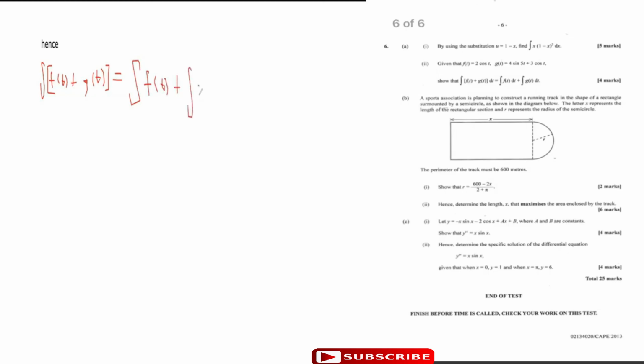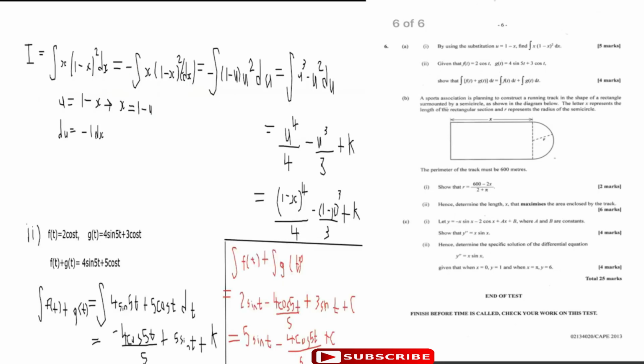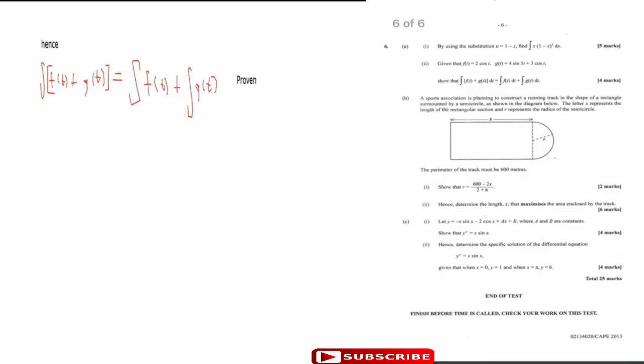I know I left off my dt, you don't ever do it, but yeah, nice and easy. So proven. So there you have it, proven. Now let's go to the next part of the question.